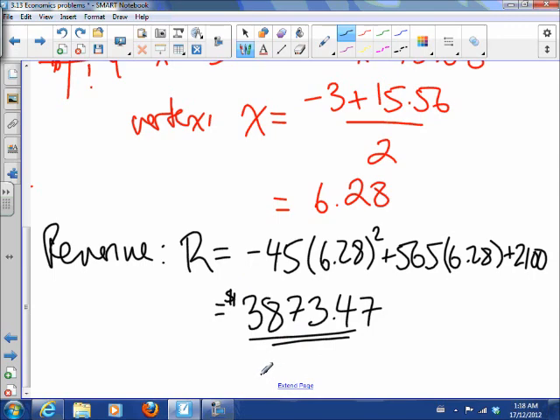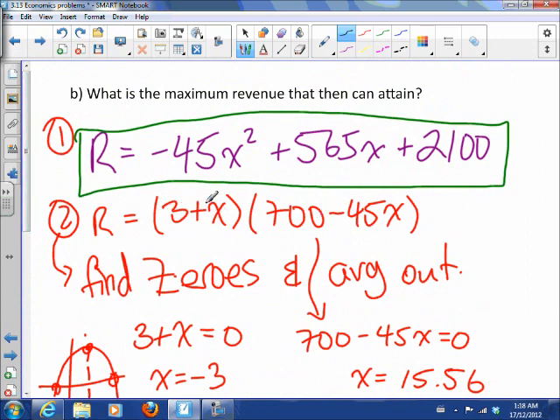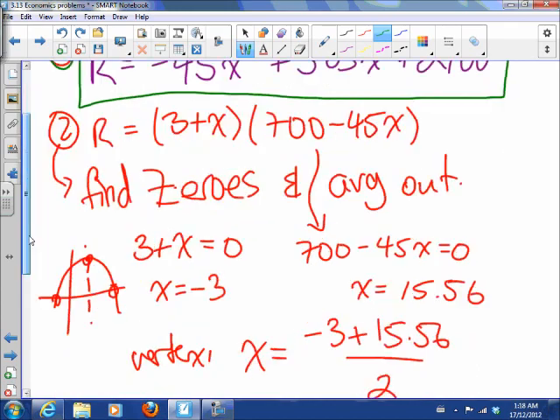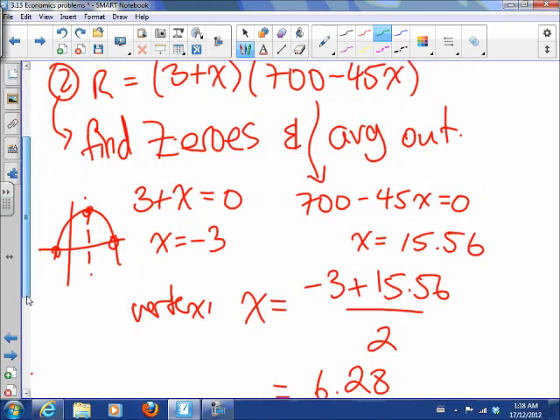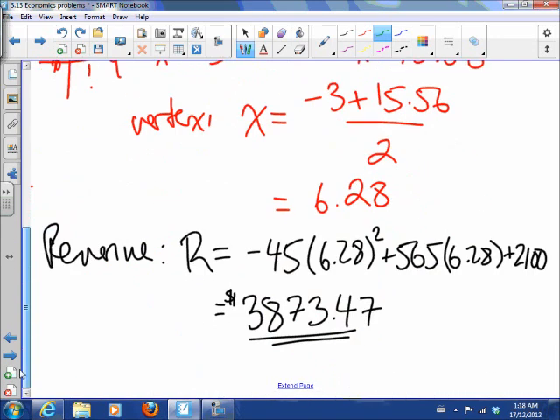Okay? Now, I want to remind you that this is factored form, sort of, and this is standard form, right? And we figured out how to find the vertex from standard form. So using this, I want to remind you that we can skip all this. If we have standard form, we can skip all that averaging the zeros.